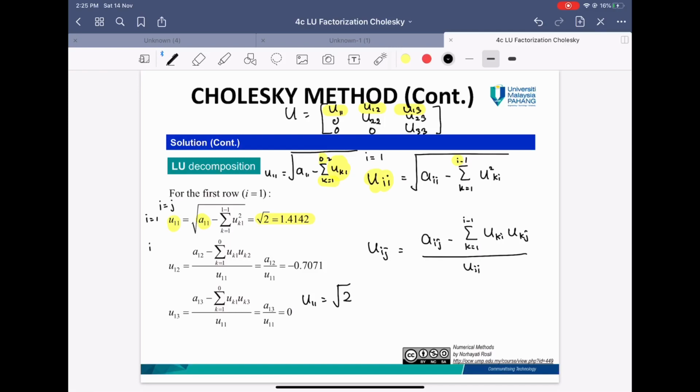And then next, U12, where i is equal to 1 and j is equal to 2. We have to use this formula.